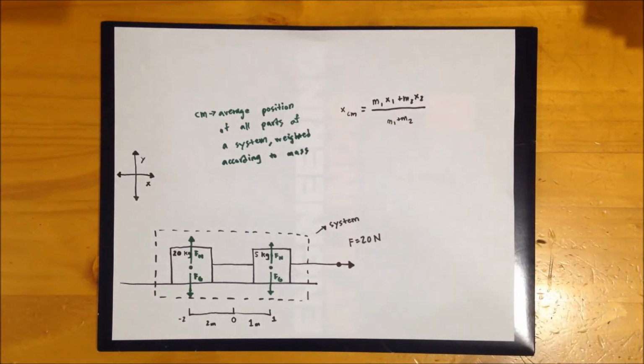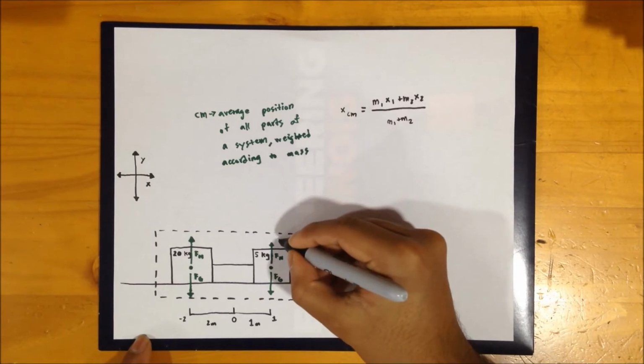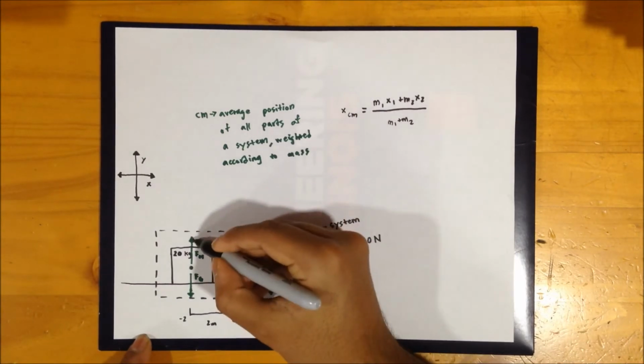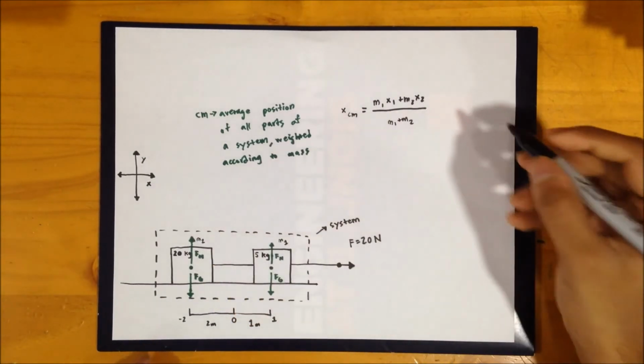In this case, we can say that this is mass 1 and the 20 kilogram box is mass 2.